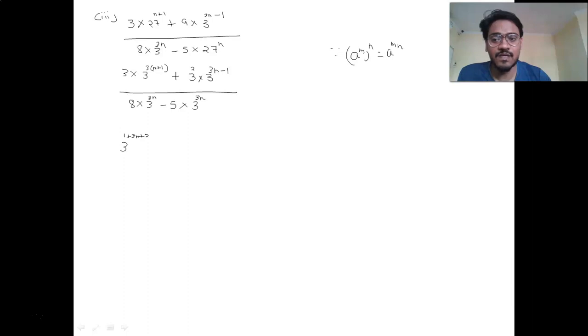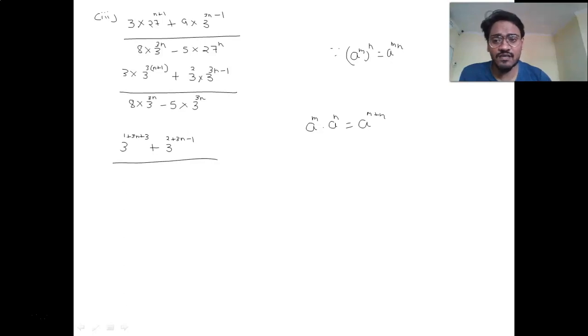Similarly here it's going to be 3 to the power 2 plus 3n minus 1. What am I using? I am using this law, don't get confused: a raised to the power m into a raised to the power n is equal to a raised to the power m plus n, because their bases are the same, powers are getting added. Clear?